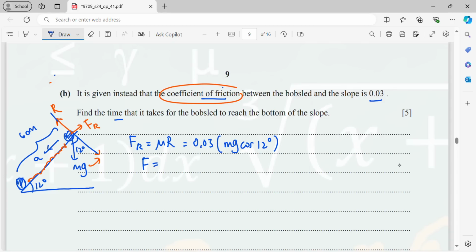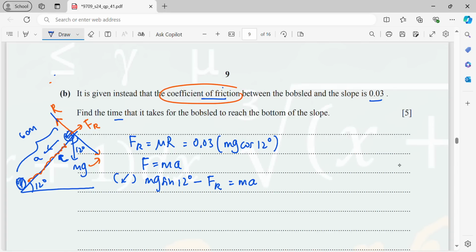So my F equals ma. Resolved parallel to the plane, that is going to be mg sine 12 degrees minus Fr, because the weight component is going downwards and Fr is going upwards. So minus Fr equals ma.